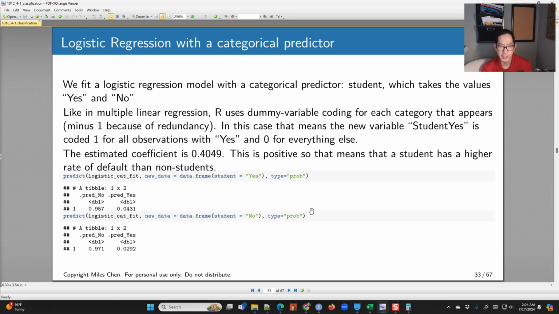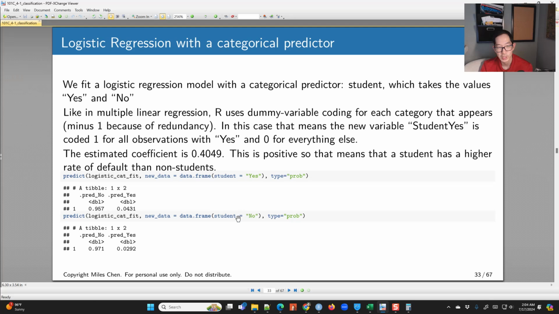And the coefficient here is 0.4049. And it being positive means that a student has a higher rate of default than non-students. And so, if we say, hey, make a prediction, give me the probabilities, we can see the change is only a little bit. But basically, if the person is a student, their probability of default is 0.0431.